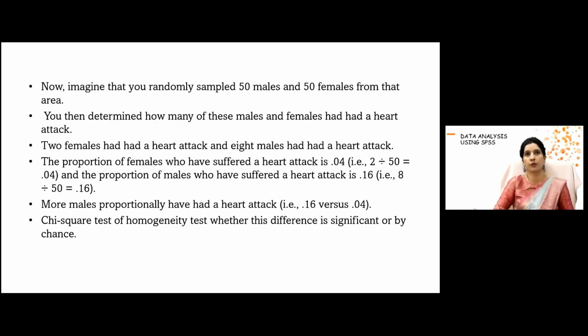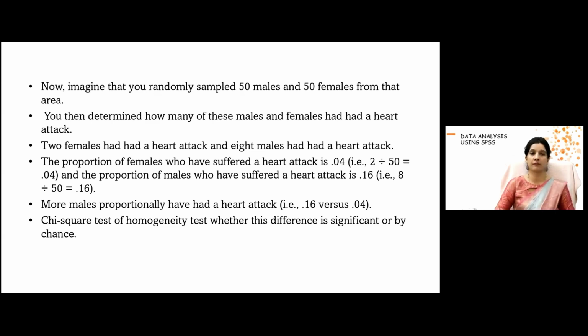Now imagine that you randomly selected 50 males and 50 females from that area, and then you determine how many of these males and females had a heart attack. If 2 females had a heart attack, the proportion of females would be 2/50, and there are 8 males who have had a heart attack, so 8/50.